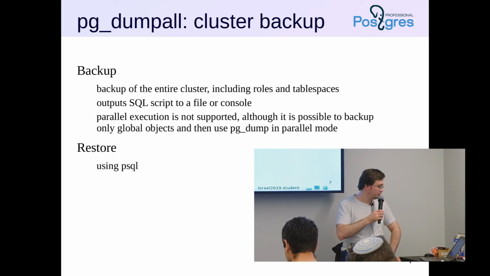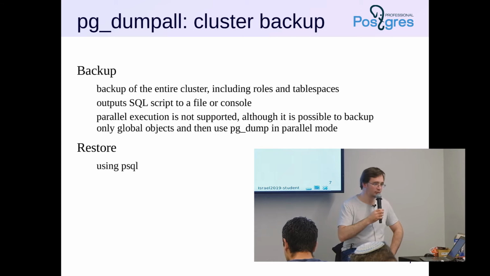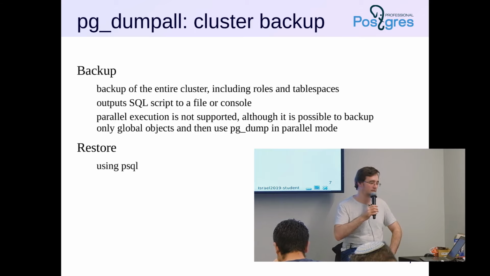And we have pgDumpall utility, which dumps all cluster with all its databases and all roles and table spaces and so on. So pgDumpall you can use to dump all your cluster. pgDumpall doesn't support parallel execution.